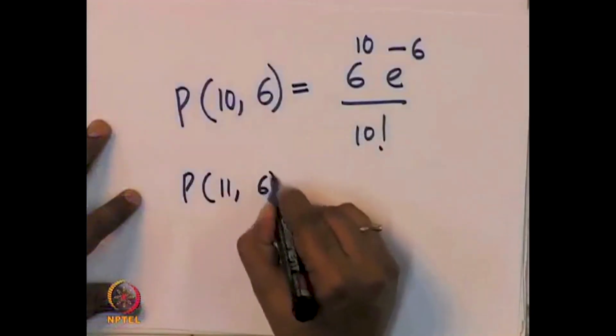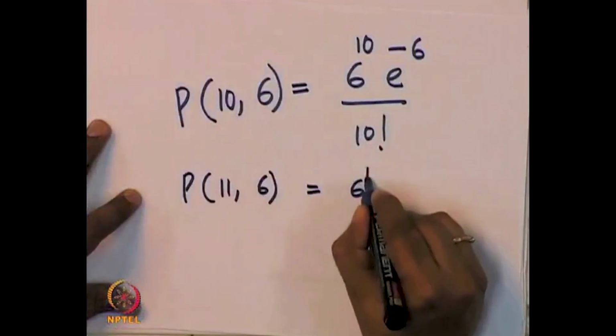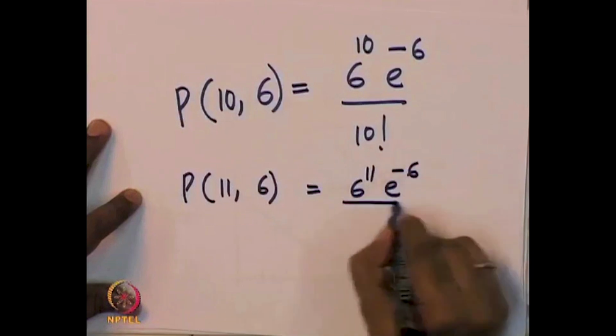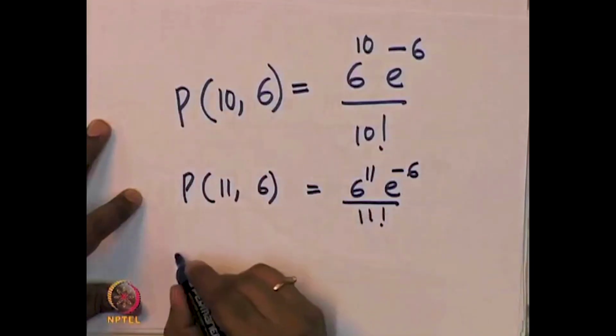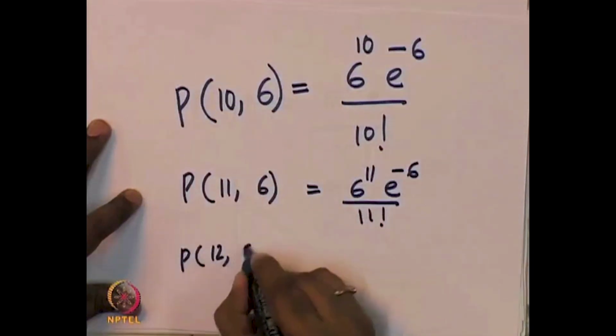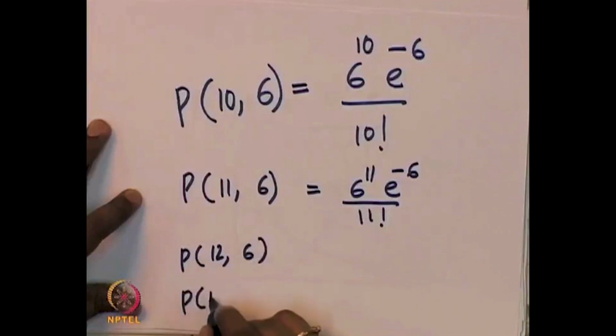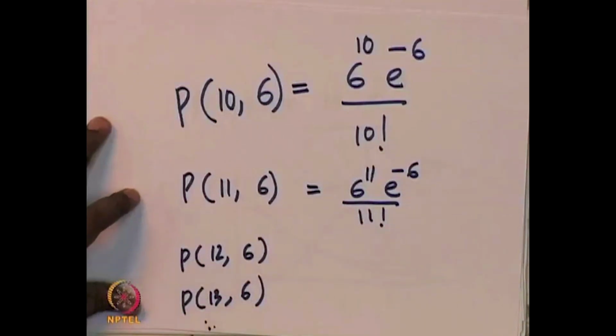What is the probability of getting 11 mangoes? This is 6^11 e^(-6) / 11!. What is the probability of getting 12 mangoes, 13 mangoes, and so on and so forth.